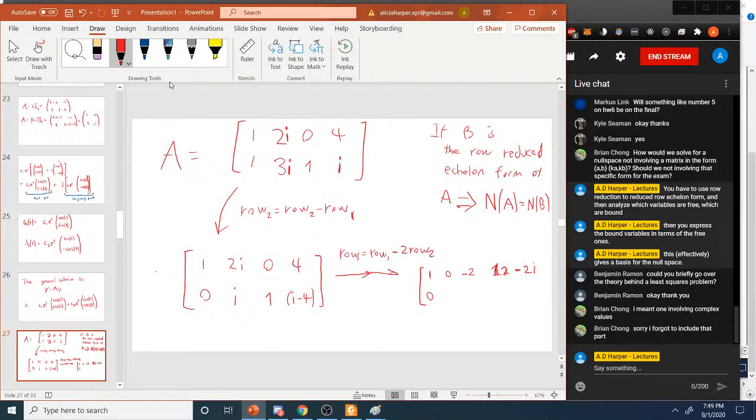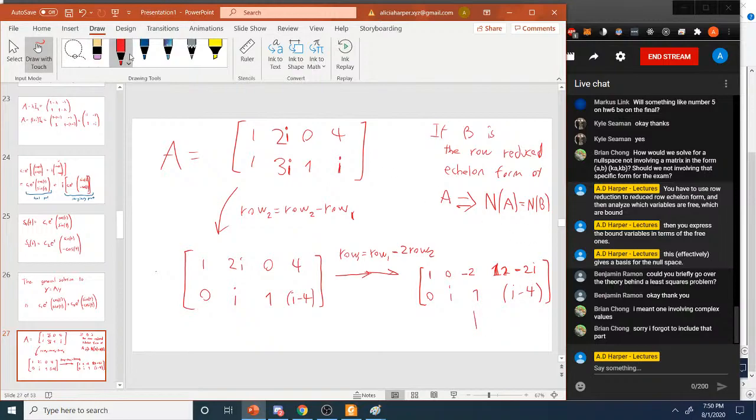And then the bottom row is now 0, i, 1, i minus 4. So this is not row-reduced echelon form either, but it almost is. The reason is that for row-reduced echelon form, the leading term in each row always has to be 1, which is true for the first row but not true for the second row. So in fact we have to do one more operation.